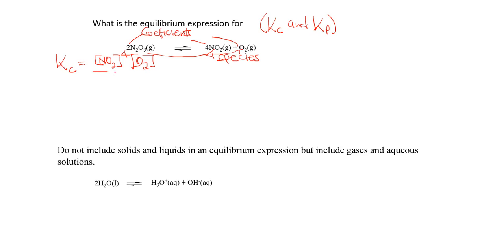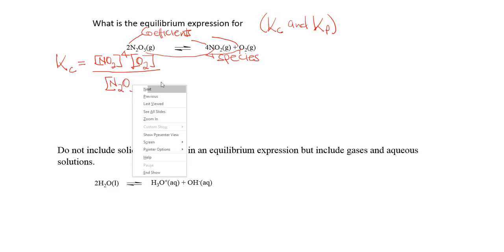This oxygen will be to the power 1 because its coefficient is 1, divided by the concentration of dinitrogen pentoxide to the power this coefficient, that is 2. So that is the equilibrium expression using Kc.